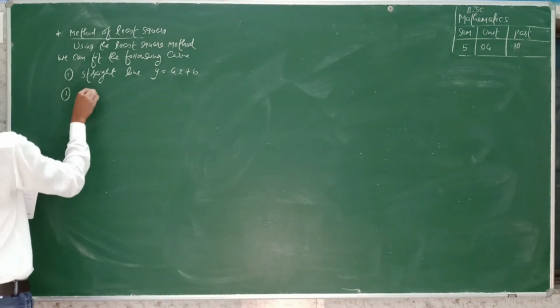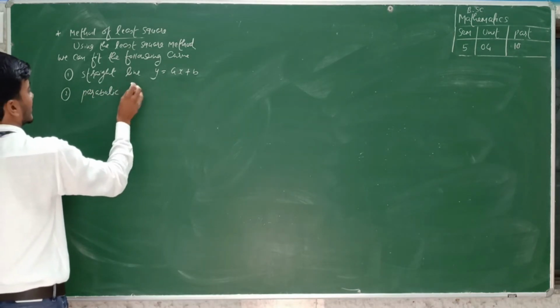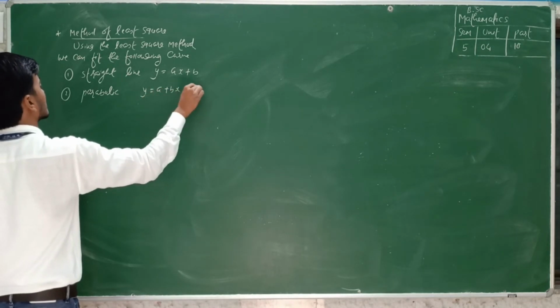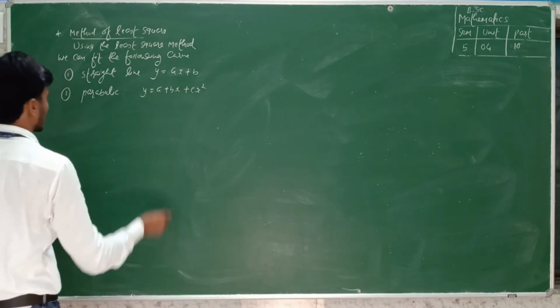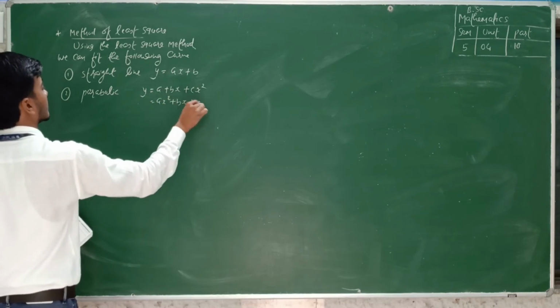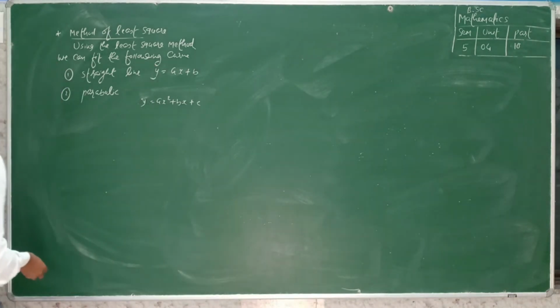And the parabolic equation, parabolic curve: y is equal to a plus bx plus cx square, or ax square plus bx plus c. You can write any type of this equation.